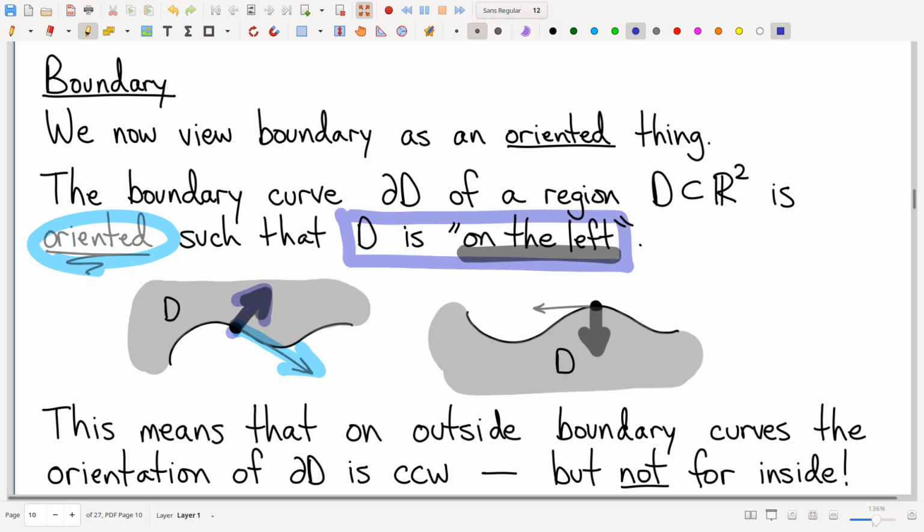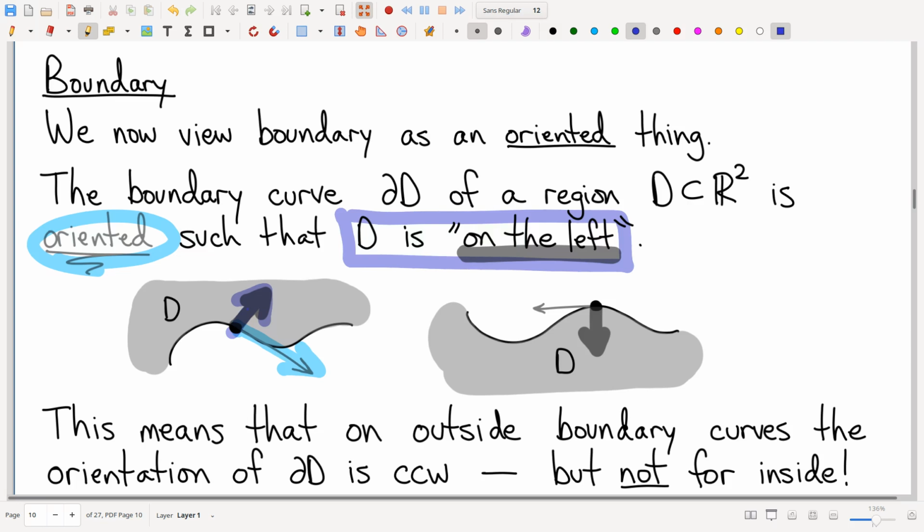Now you have to kind of use your imagination here, but imagine that this boundary curve right here is like a little footpath. You're going to walk along that path. There's two different directions you could walk on that path. The direction I have indicated here, if you're walking in that direction, the region's on your left. Everybody see that?